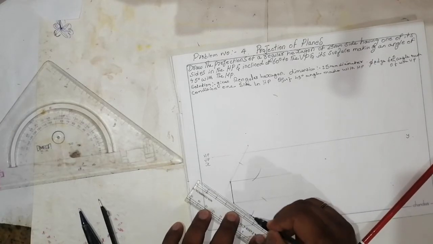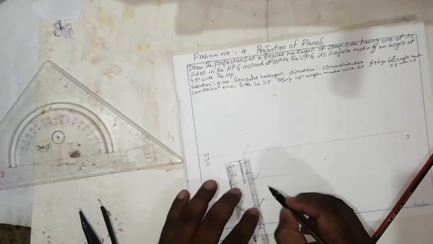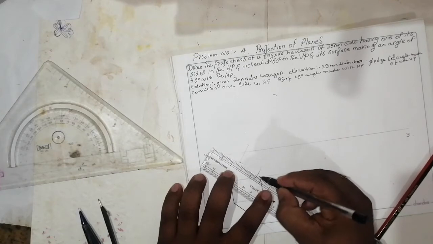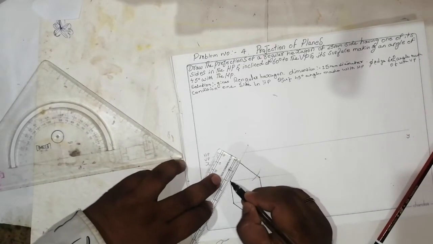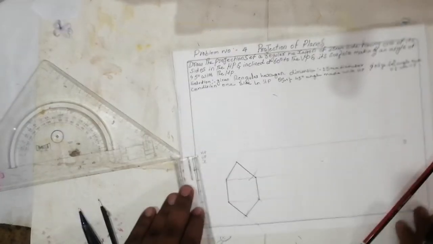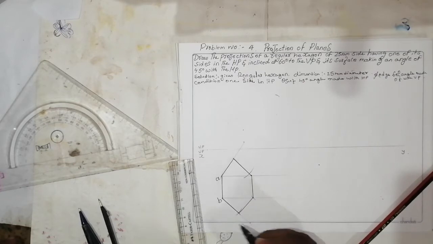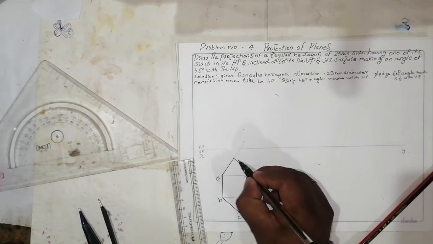So you will get a regular hexagon like this. Name the parts like this: A, B, C, D, E and F.